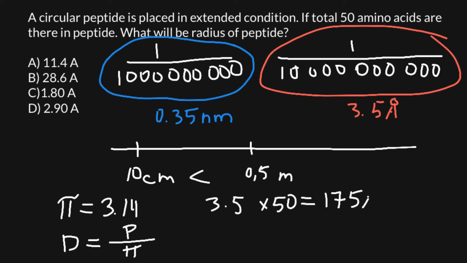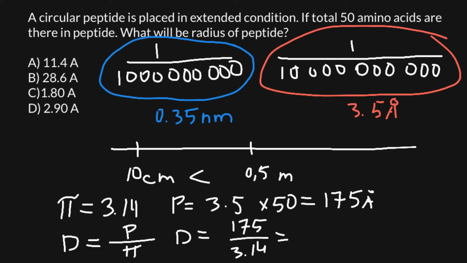And we are going to get 175 angstroms. And now, as you see, this is going to be the perimeter. In order to find the diameter, we have to divide this number by pi. So the diameter would equal 175 divided by 3.14.